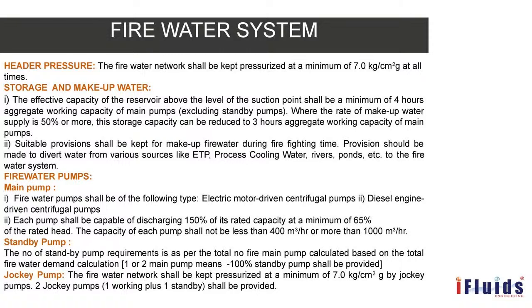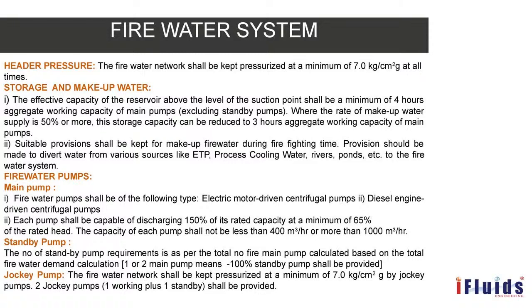And the second thing is storage and makeup water. The storage and makeup water details are also described in detail. With respect to the storage, the effective capacity of the reservoir above the level of the suction point shall be a minimum of 4 hours aggregate working capacity of the main pump.